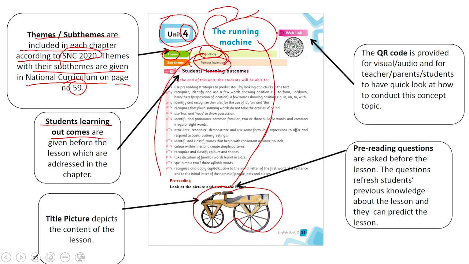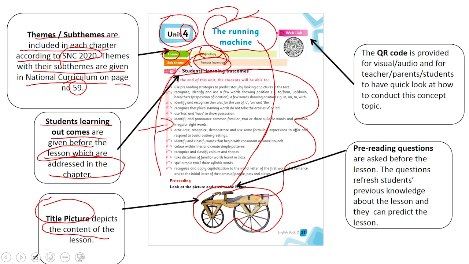Student learning outcomes are given before the lesson, which are addressed in the chapter. I have designed the activities on all these SLOs which are addressed in the chapter, and these SLOs are picked from the SNC 2020. The title picture depicts the content of the lesson.